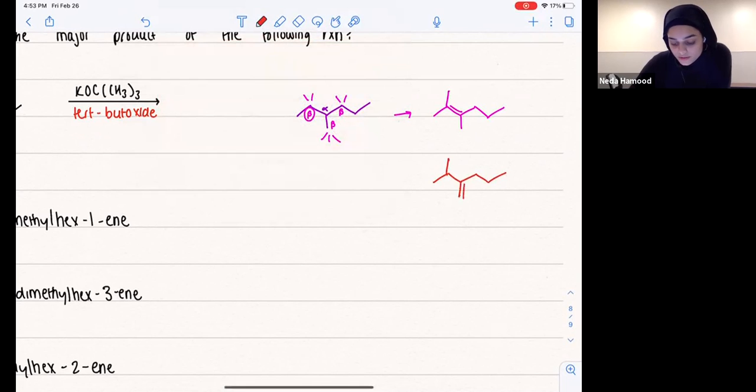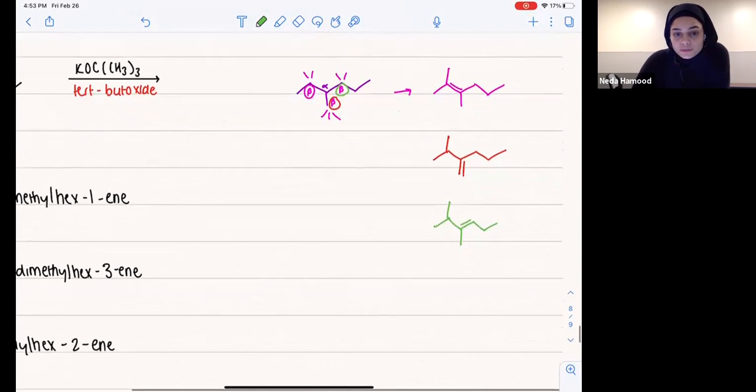If we're working with this one, and this could be a product, if we're working with this beta carbon. But tert-butoxide will do elimination reactions, and in an E2, the product is the least substituted double bond.